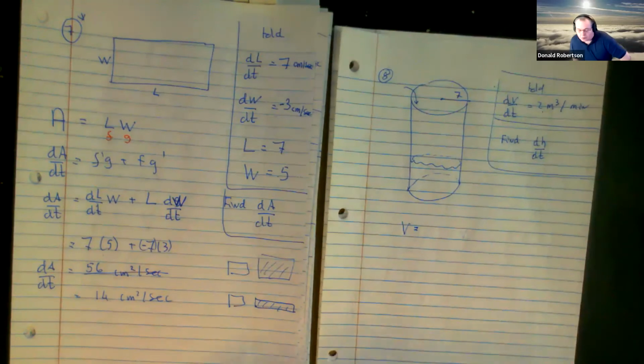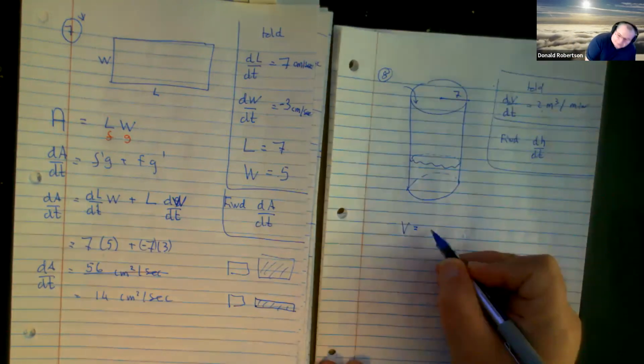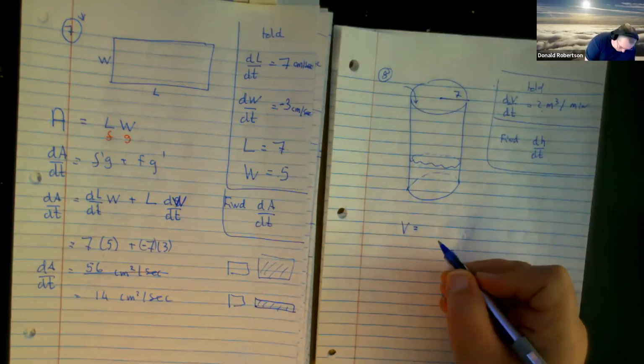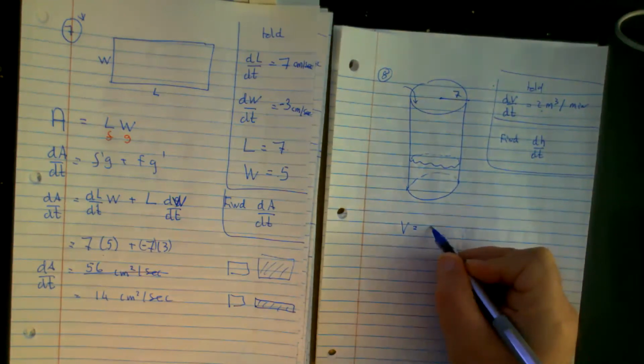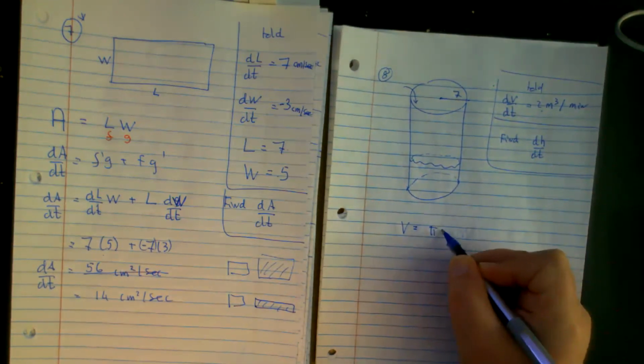Okay, I guess it's one of those things you have to go hunting on the internet if you forgot. But what is the volume for a cylinder, a typical cylinder? Any takers? Is it pi r squared h? You nailed it.